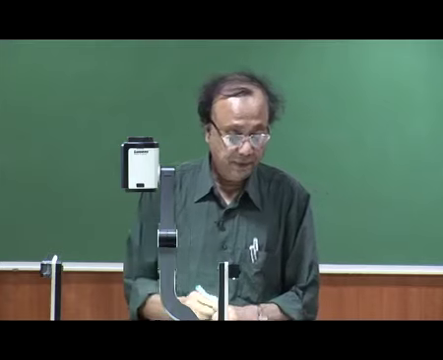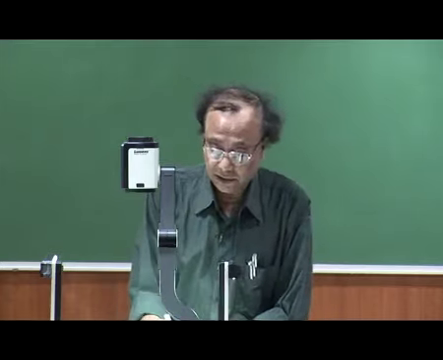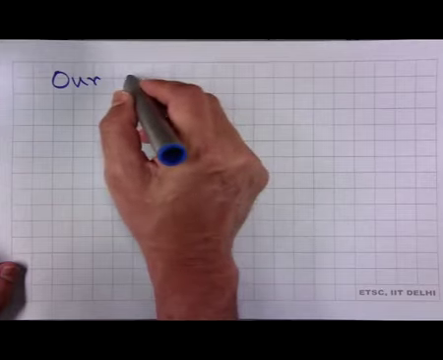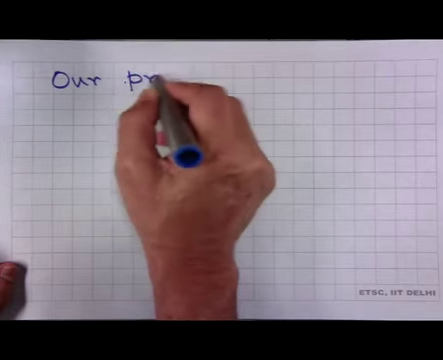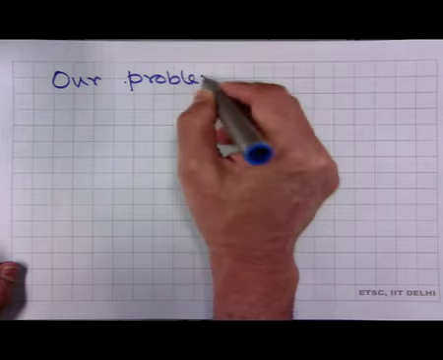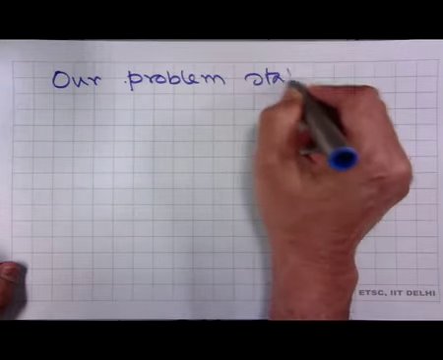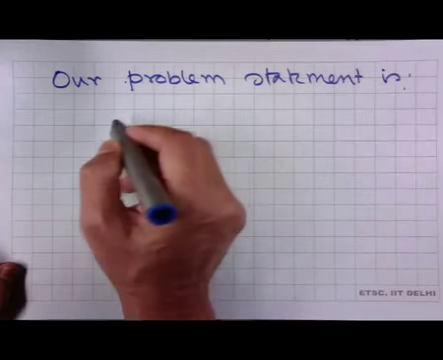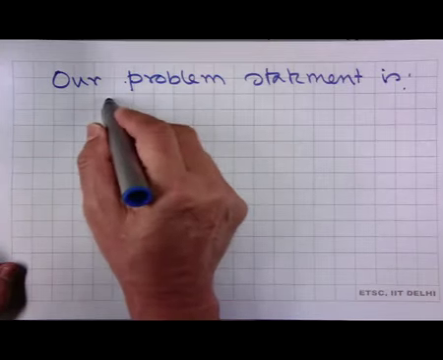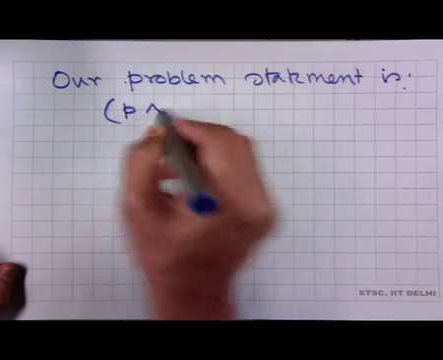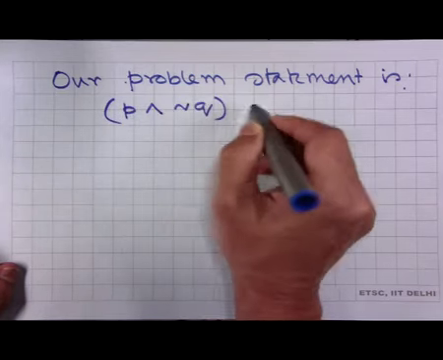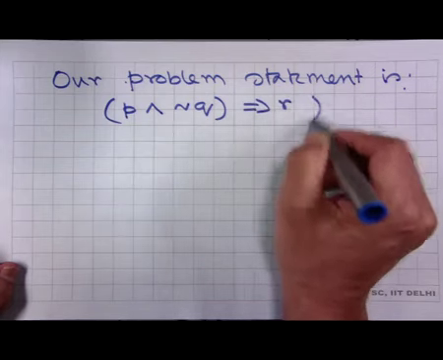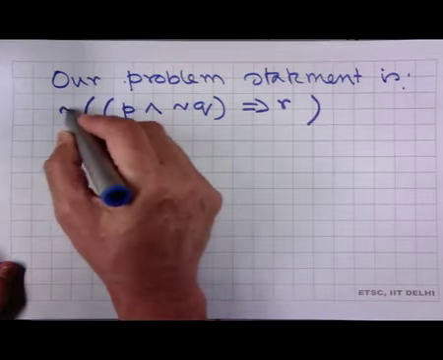The statement that we are looking at is P and not Q implies R, and we want its negation.